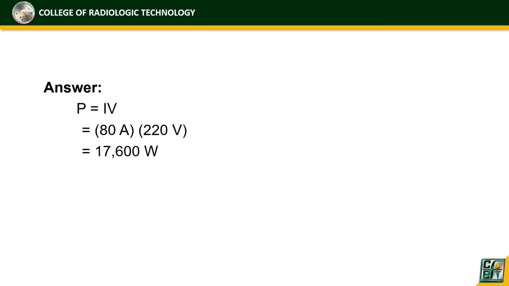So substitution: electric current is 80 amperes, electric potential is 220 volts. So 80 amperes times 220 volts is equal to 17,600 watts. So that is the total power consumed.